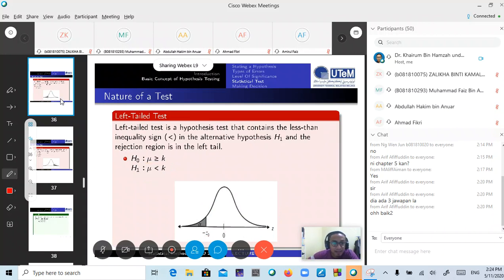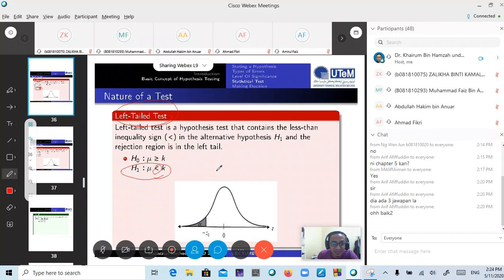Second one, left tail test. How do we know this one is a left tail test? Also the same thing, by referring to H1. When your H1 is less than K, the symbol is less than here at H1. So this one is left tail.